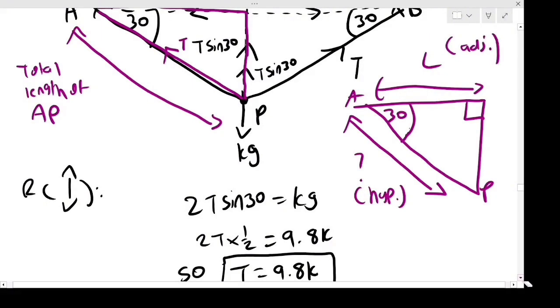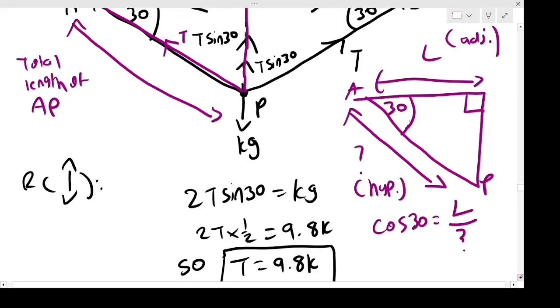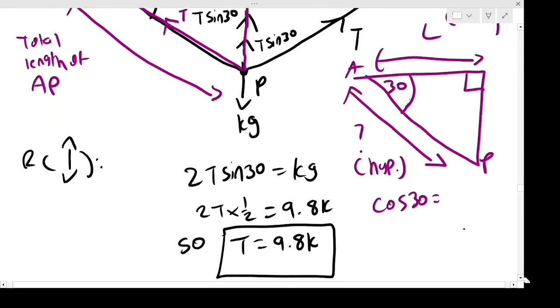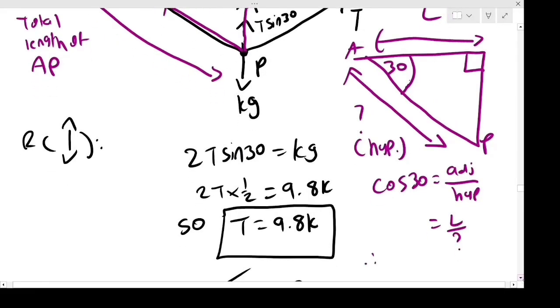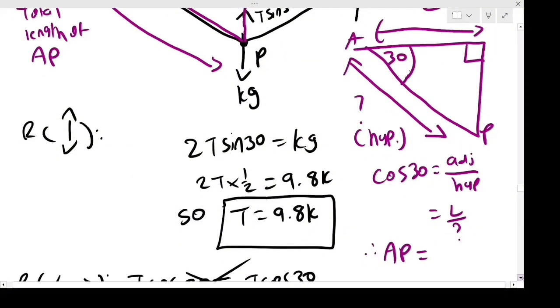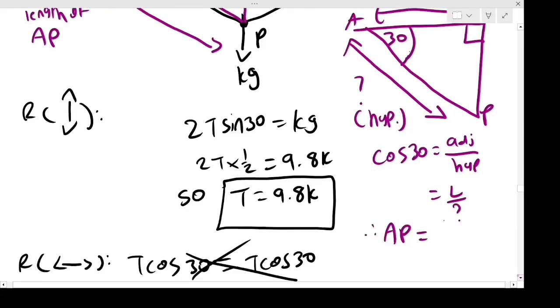So SOHCAHTOA tells me that cos 30, so cosine, is adjacent over hypotenuse. So that's going to be L over the hypotenuse, which is what I want to work out, right? In fact, I'll make it more clear. So that's the adjacent over the hypotenuse, which is L over that, which means the length AP is going to be L divided by cos 30.